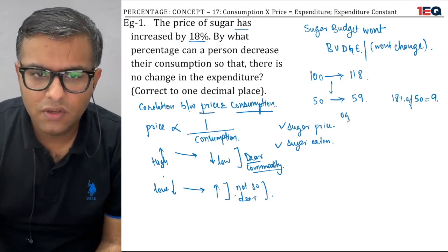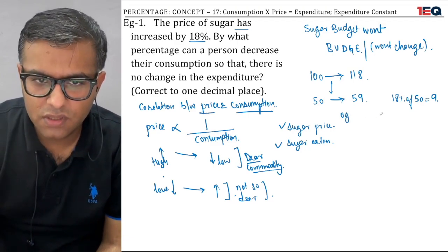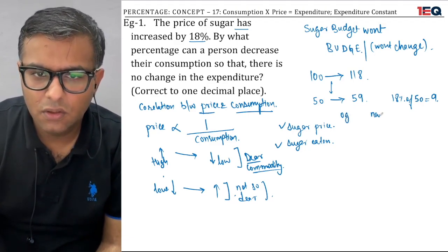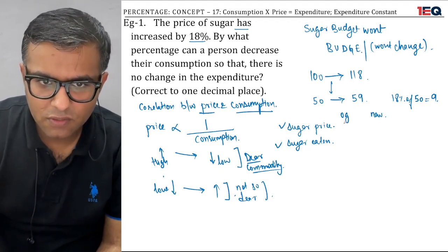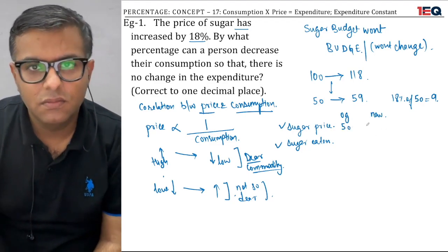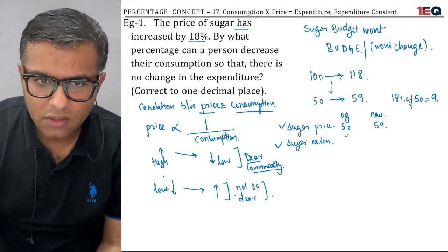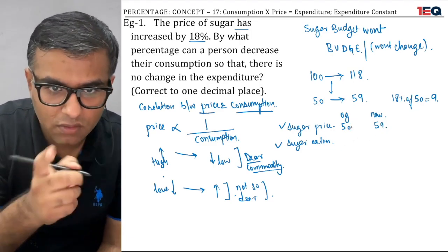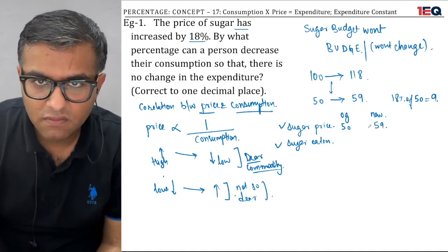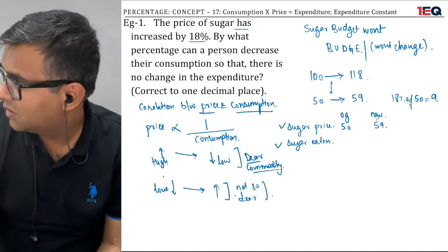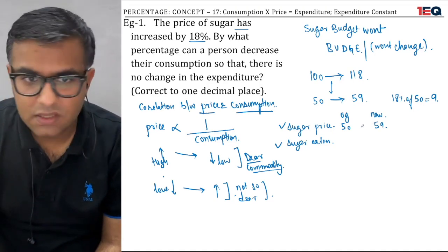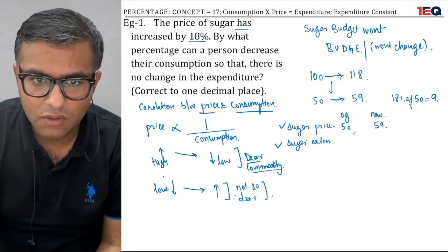This is the original, OG is original, and this is the new one. Sugar price was 50 originally. The new price came out to 59, and the sugar eaten. Now, as I've talked about it being inverse in relation, when things are inverse in relation, you can put a cross over here.